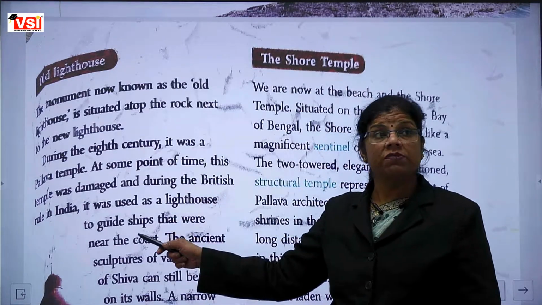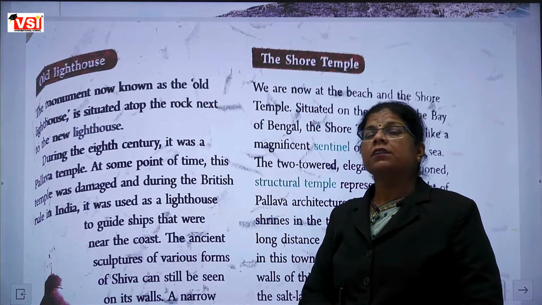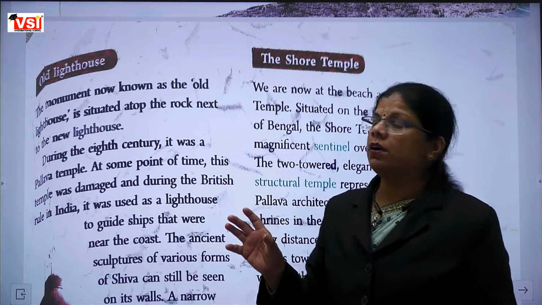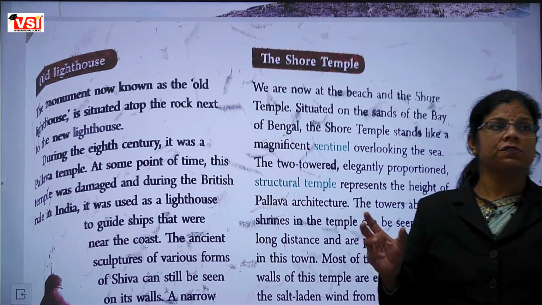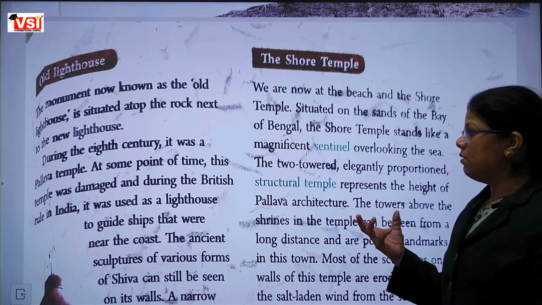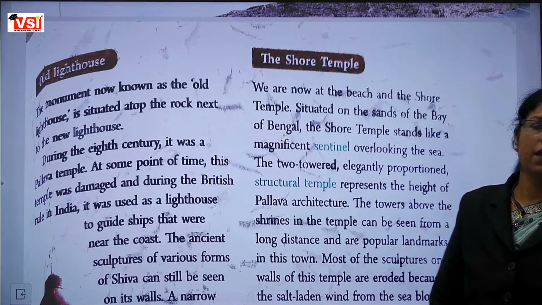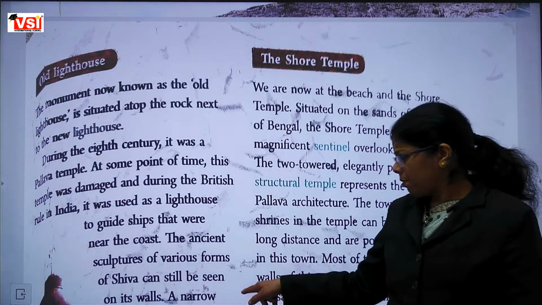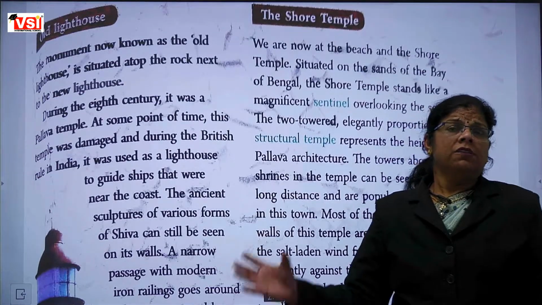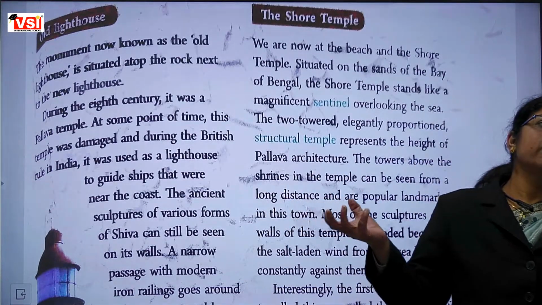Why was it used as a lighthouse? To guide the ships. See, earlier we did not have that much advanced technology in olden times. So some lighthouses were made to guide the ships.